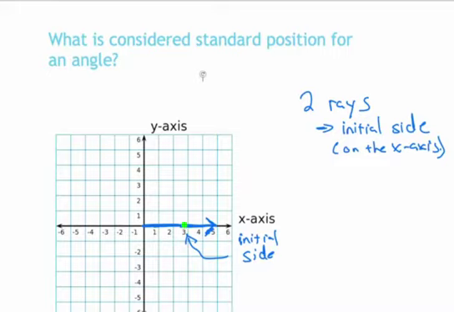So I'm going to make this one just come right over here into the second quadrant, and the name of that is the terminal side. So counterclockwise rotation, and then we can just draw that angle, and this is the terminal side.